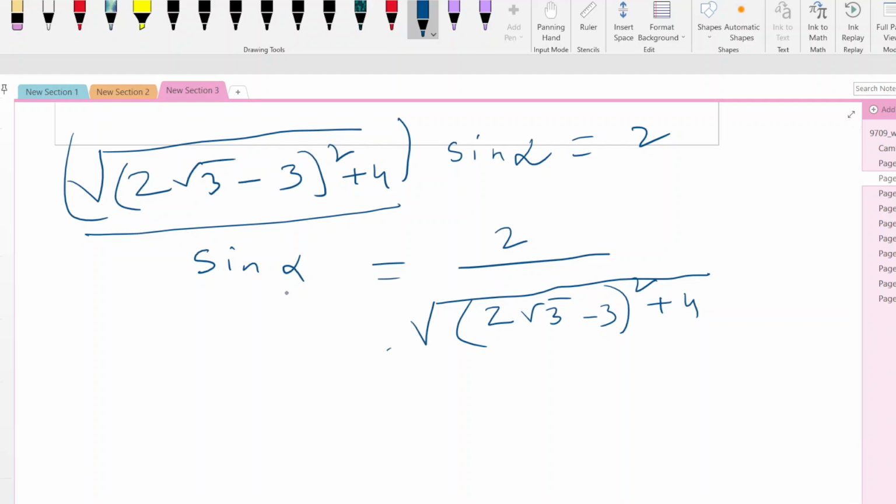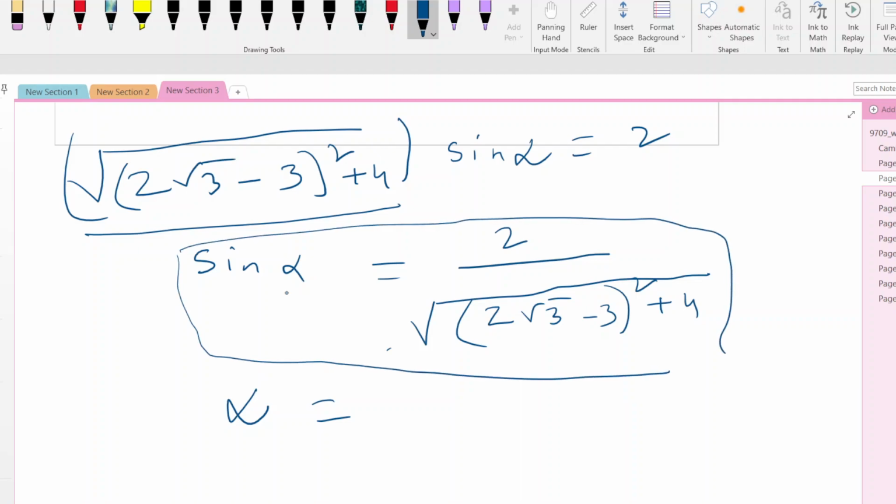If I convert the mode of the calculator to degrees and calculate this portion, alpha equals 76.9 degrees.